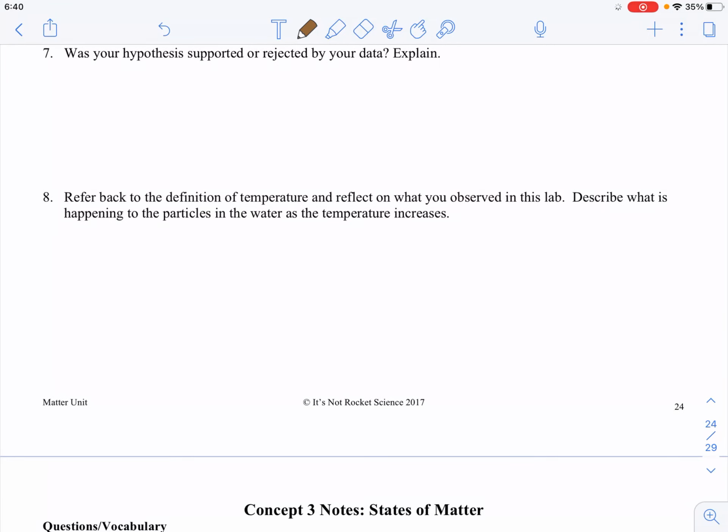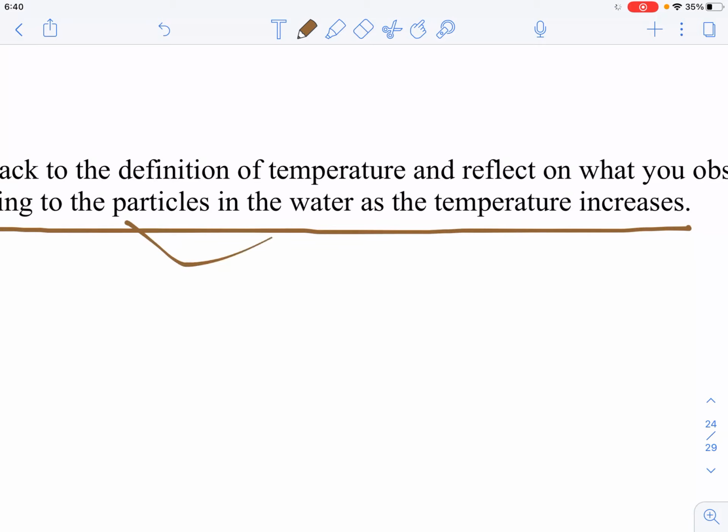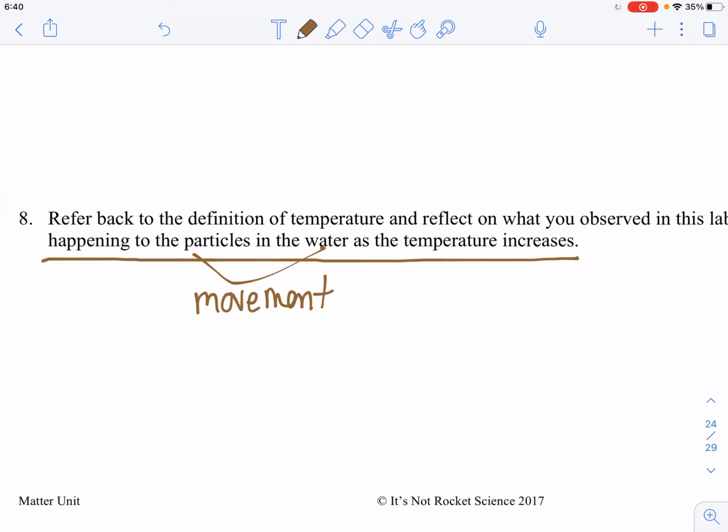That's just back to your hypothesis. And 8, reflect on what you observe. So this is basically just a conclusion sentence, and if your hypothesis was totally right, it can be similar to that. I want you to tell me what is happening to the particles in water as far as their movement. What do they start out as when they're in a solid form? What is their movement?